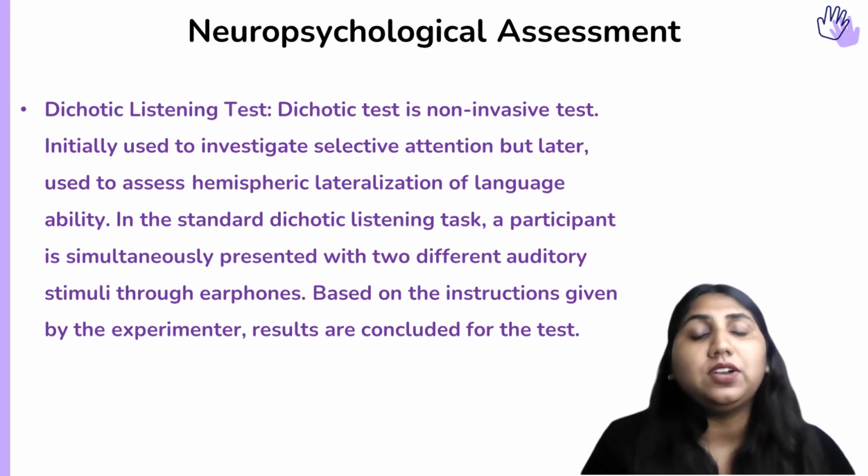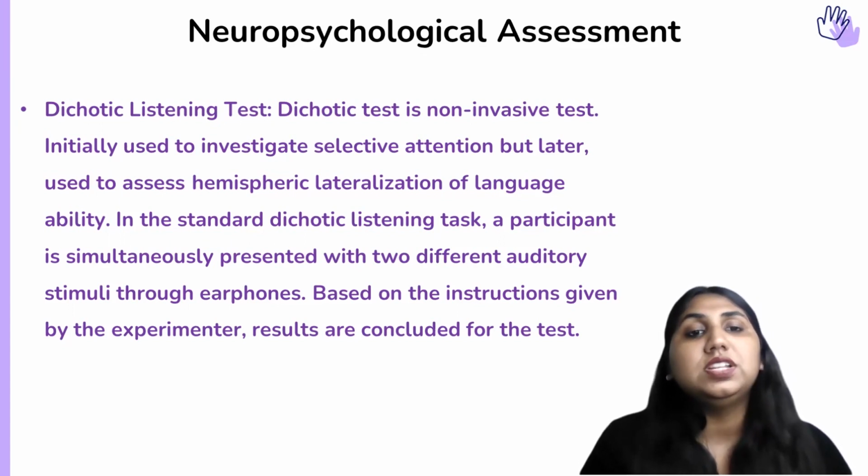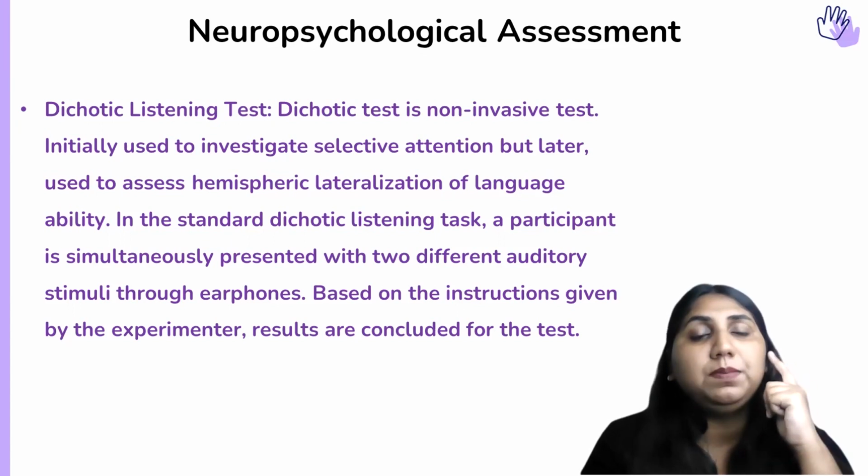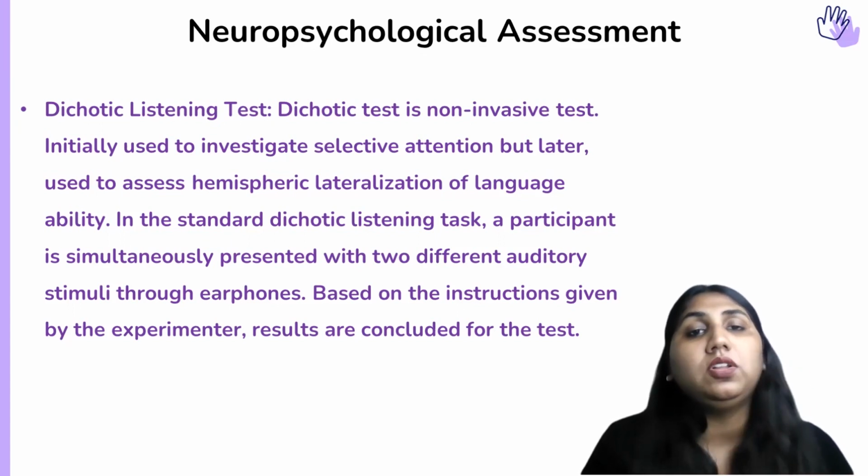In a standard dichotic listening task, a participant would be presented with different audios through the earphones. One ear would hear one thing and the other would hear something else, and based on the instructions by the experimenter, results are concluded. So it could be that random words are playing in one ear, and on the other side you are listening to music.